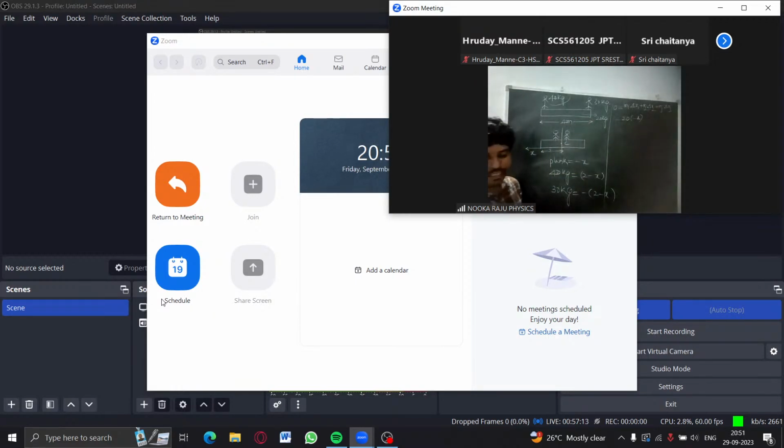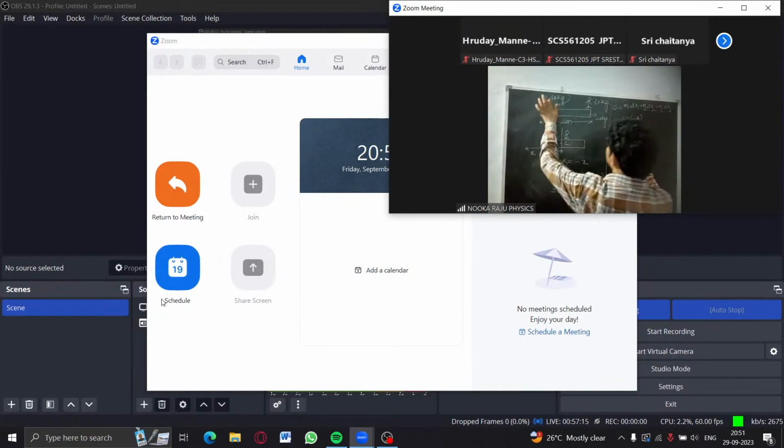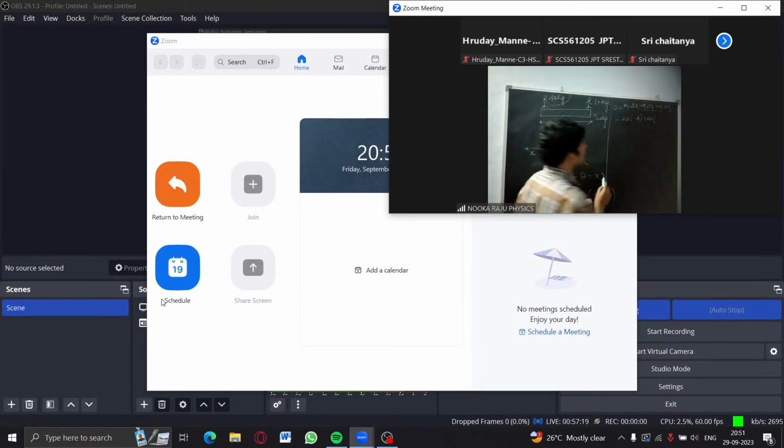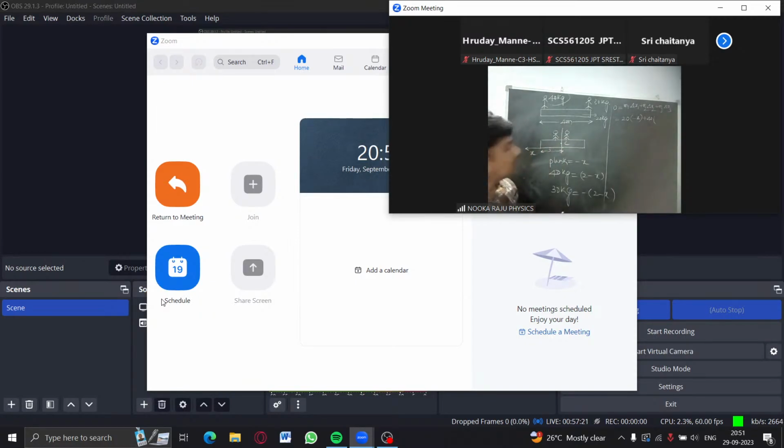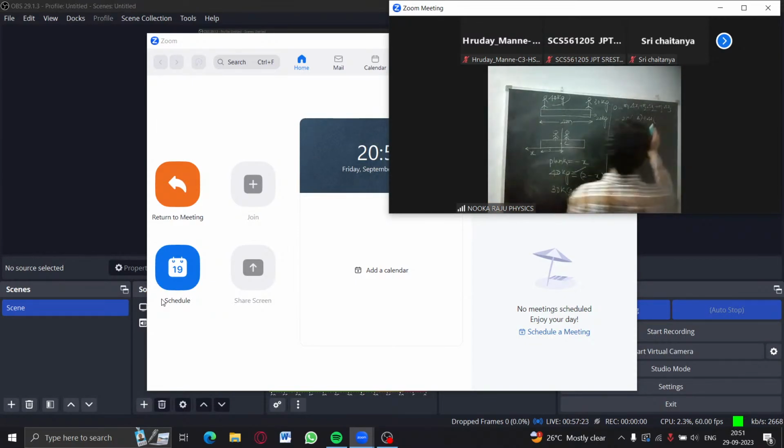Coming to the next, M2 equals 40, into the displacement of the second body, 2 minus x. Plus M3 equals 30, and its displacement is minus of 2 minus x.